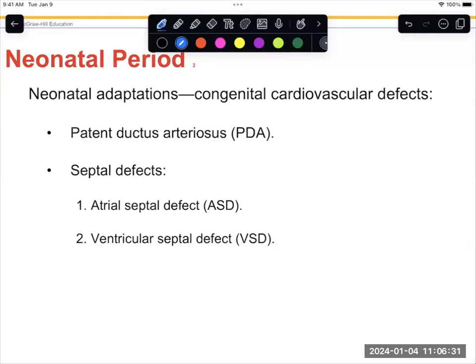Congenital cardiovascular defects occur in about 1% of births. So we have patent ductus arteriosus. This is when the opening that shunts blood from the aorta to the pulmonary artery in the fetus does not close. And then we also have atrial septal defect, when the opening between the right and the left atria in the heart does not close. And then there's ventricular septal defect. This is when the opening between the right and the left ventricles does not close.